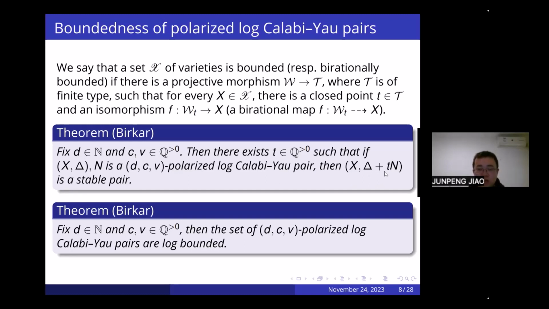Then we can use the result on boundedness of the KSBA moduli space, due to Hacon-McKernan-Xu. So the second theorem, which is almost an immediate consequence, is that the set of DCV polarized log Calabi pairs is log bounded.